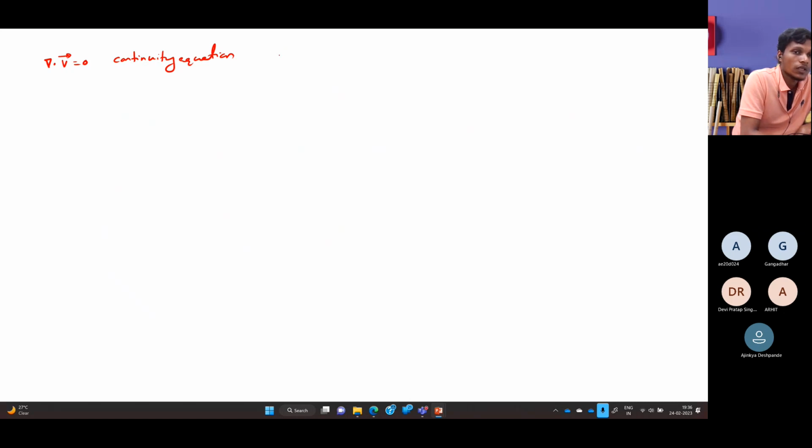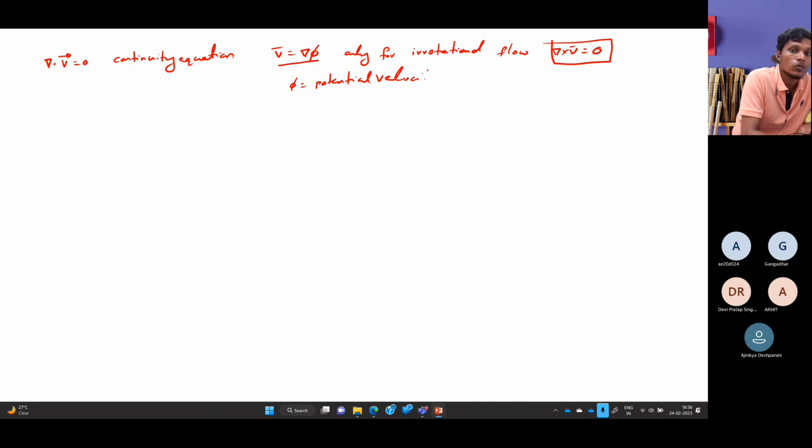And one can write v bar equals del phi only for irrotational flow, that is del cross v bar equals 0. Then v bar equals del phi, where phi is the potential velocity, generally called the velocity potential.